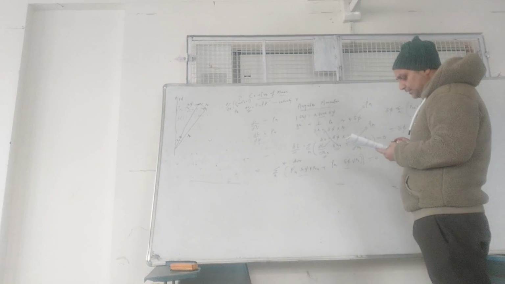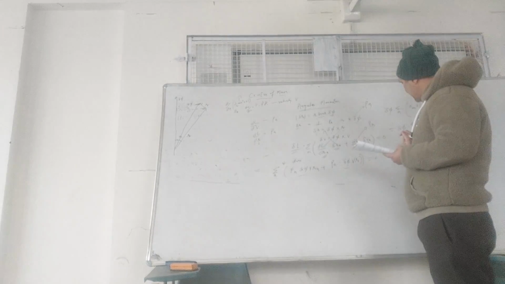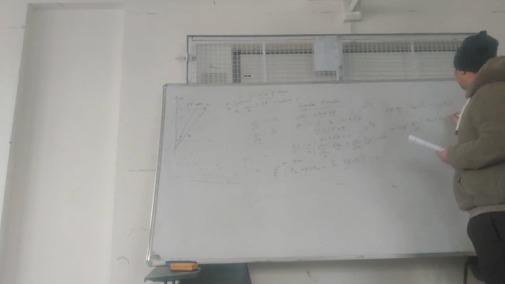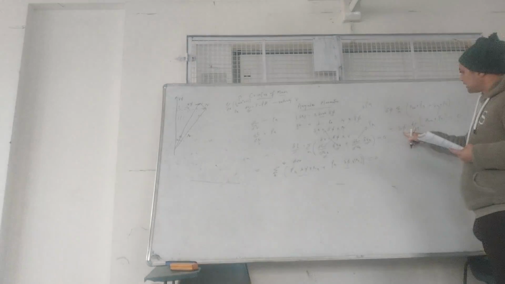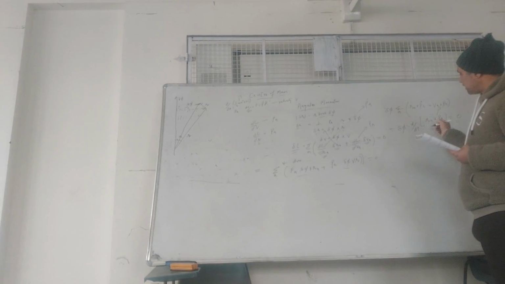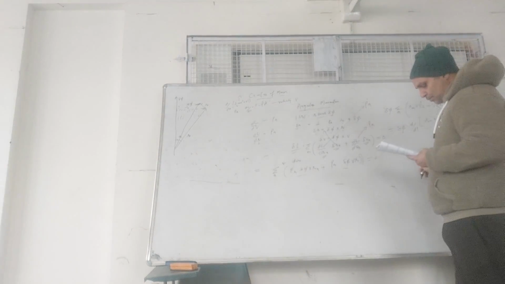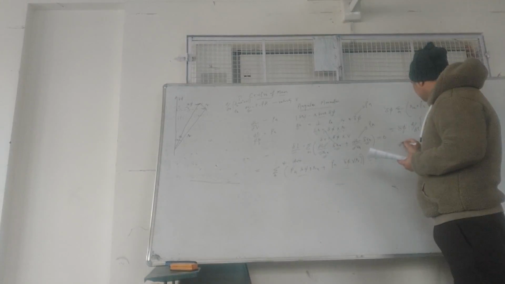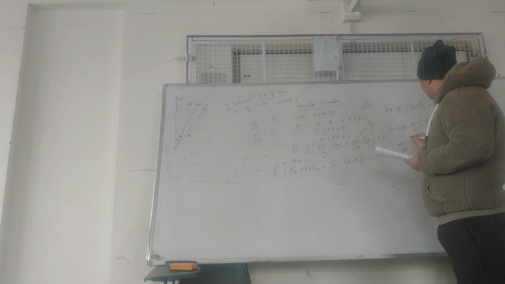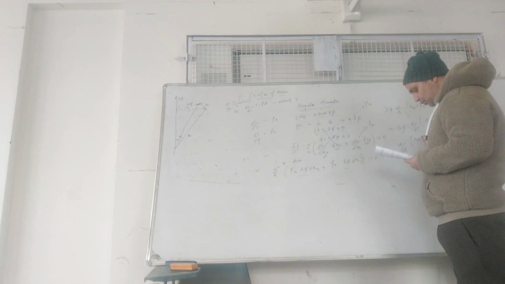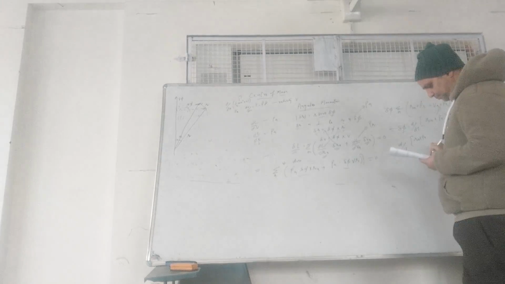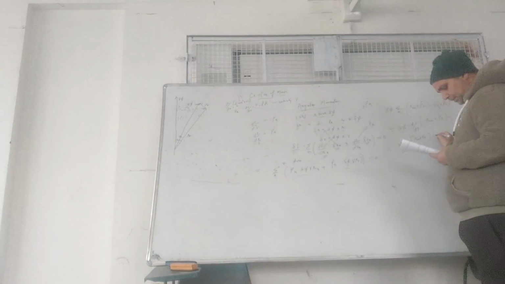But delta phi is arbitrary, so dividing by this, it will be 0. So from this, we can say d by dt of R cross P will be 0.